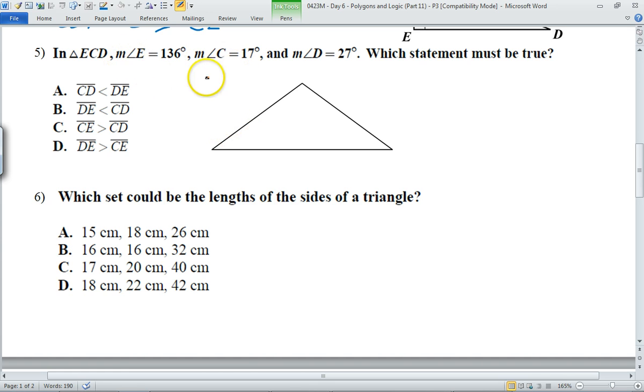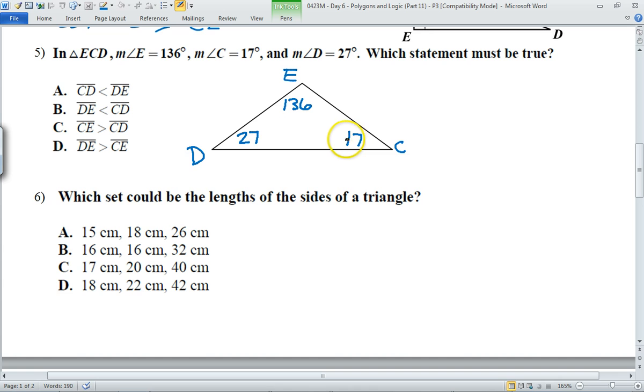Okay. So I'm going to have angle ECD. Angle E is 136. Angle C is 17. And angle D is 27.